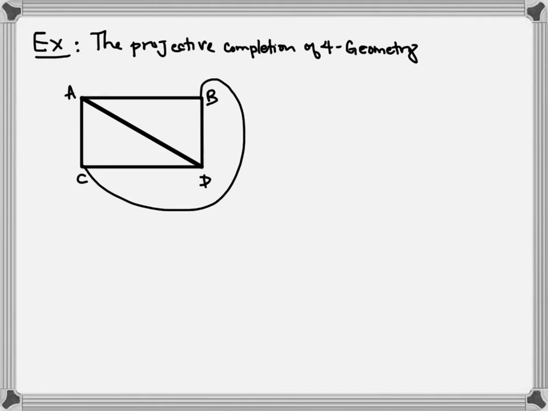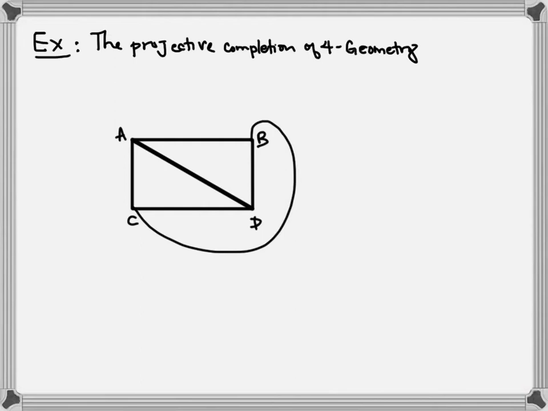A. So if I have line BD and a point not on it, A, then what I want to do is somehow connect that together with another point. We're going to do that for all of our points at once. I'm going to move my picture down just a little bit, and we're going to do that by adding additional points. So this is actually going to be point E at the top. I'm going to put point G in the middle. I'm going to put point F over here.